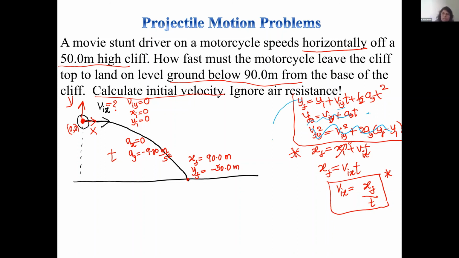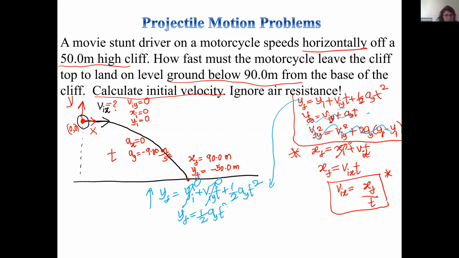So now we decide that this is the equation that we're going to use. As soon as you decide, you write the direction and write your formula at the bottom: y final equals y initial plus v initial y times time plus half acceleration in the y direction times time to the power 2. As soon as you write it, if something is 0, make it 0 first, but don't plug in the other values yet. So y final equals half a_y times t squared.